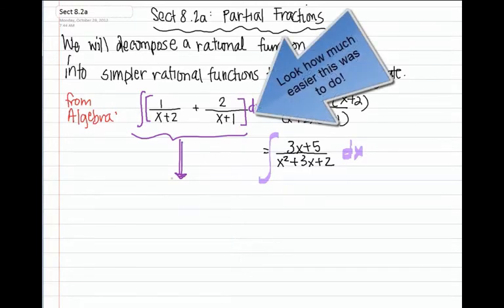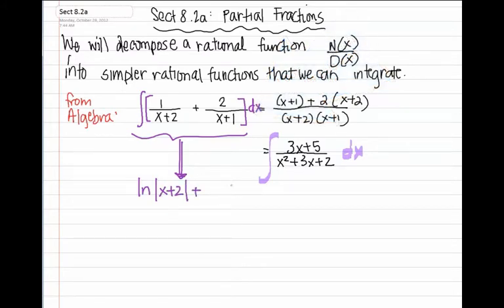Well, the integral of 1 over x plus 2 would be natural log of x plus 2, and the integral of 2 over x plus 1 would be 2 natural log of x plus 1. Then we have our plus c for a constant. This right here is near impossible. Actually, it is impossible to do the way that it is. However, when it is decomposed or broken down into two smaller, simpler rational functions, it's doable.